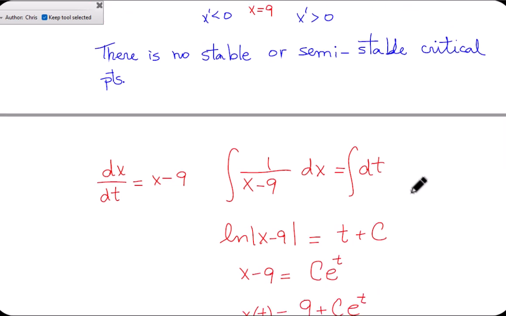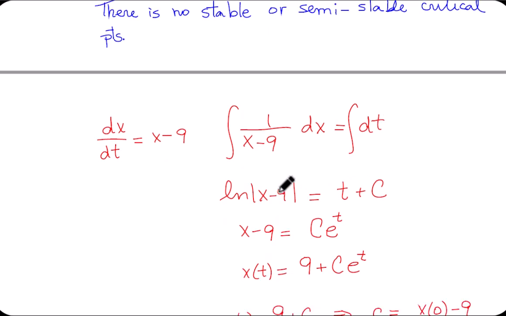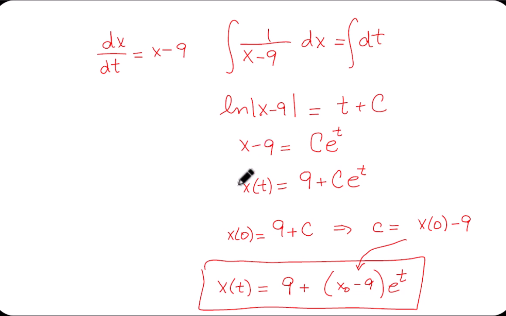So if we now get into the algebra of actually solving this, then let's see, I'm going to separate the problem. We get x of t is 9 plus c e to the t. And so I'm going to call x0 the value when time is 0.